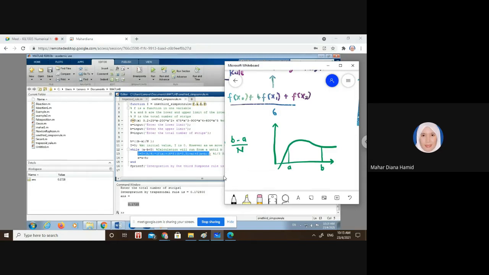So what we're going to do, if it's Simpson's rule, is this is only for n equals to 1. So if we wanted to use Simpson's rule, we are going to have something like this.